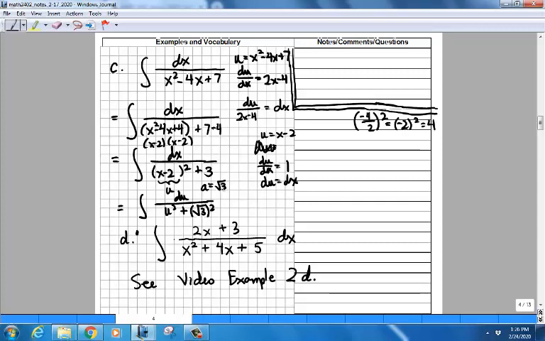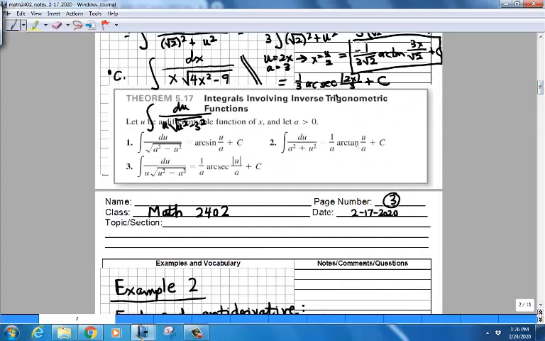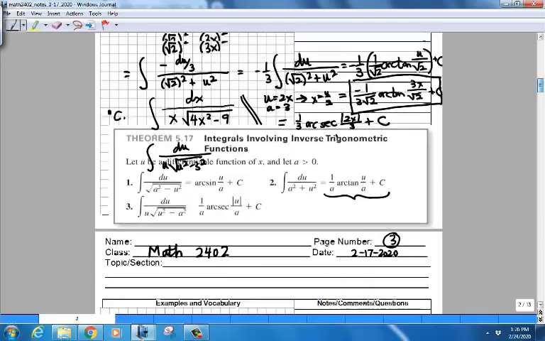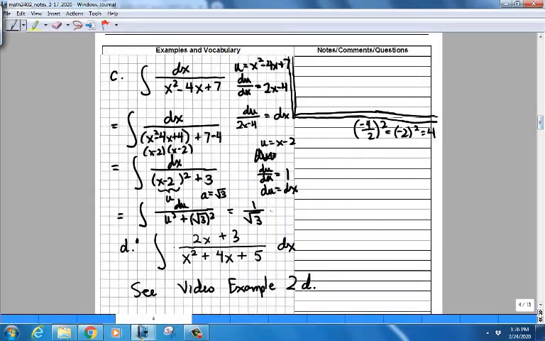So we integrate that using arctangent. Let's see, what does that arctangent formula say? You take, what, 1 over a, right? So it's 1 over the square root of 3. Just to remind you here, there's that arctangent integration formula. So it's 1 over the a, and then arctangent of u over a plus the constant. So I have 1 over the square root of 3, and then arctangent of u over the square root of 3, and then plus my constant.